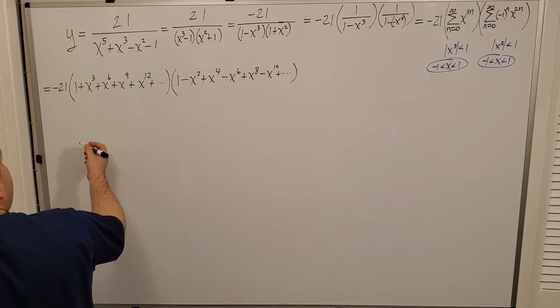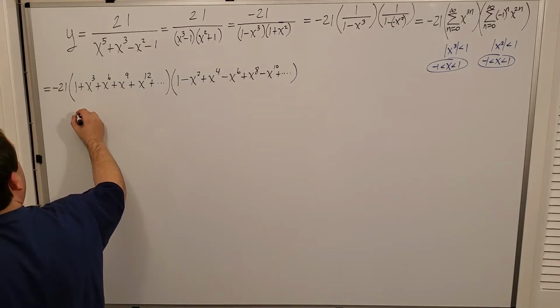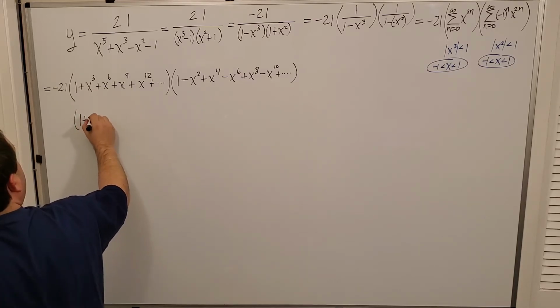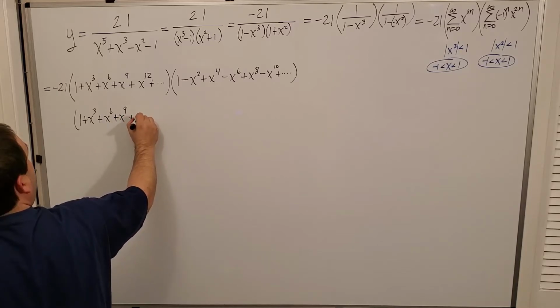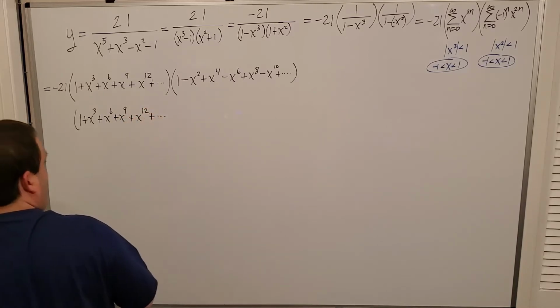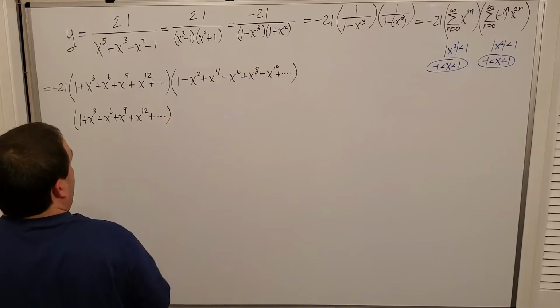Okay, so my first bit out, I'm going to have just the 1 plus x to the 3 plus x to the 6, 9, 12, and so on out.